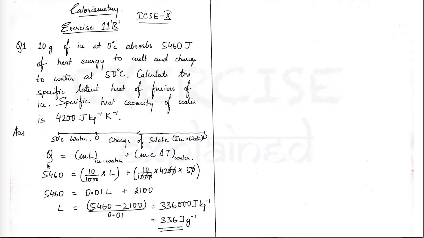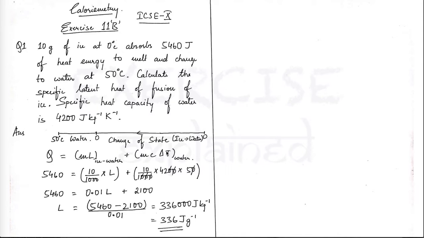So Q is given to be 5460, that I substitute directly here, is equal to mass is 10 grams, so that can be written as 10 by 1000, into latent heat we need to find, that's what the question has asked, plus the mass remains the same, so 10 by 1000 I write it again, into specific heat capacity of water is given to be 4200 into 50.